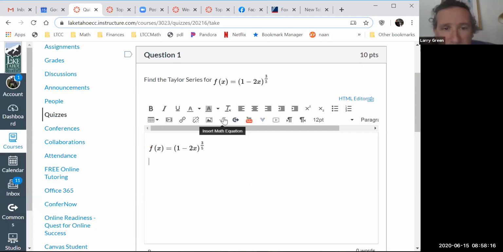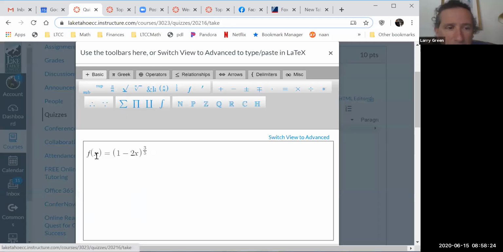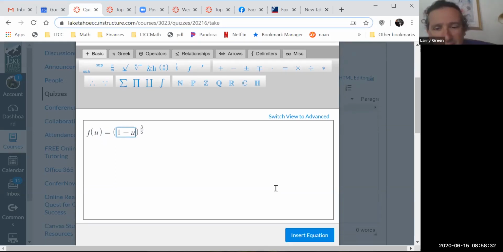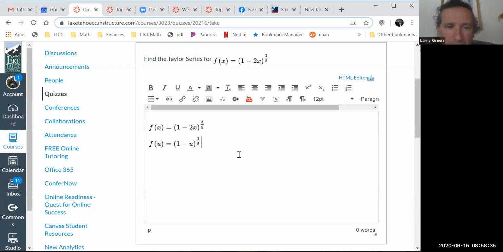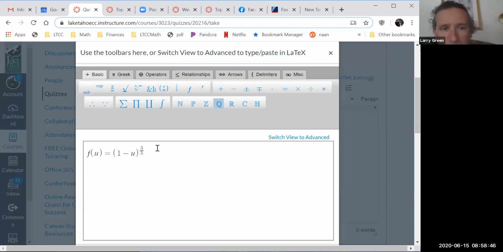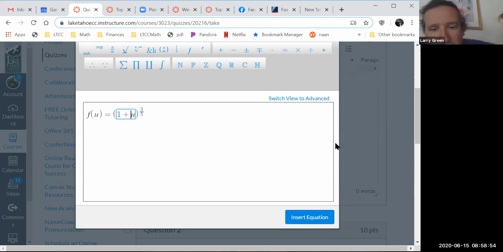And rewrite this with f of u equals 1 minus u to the 3/5, and it'll look like a binomial. Sometimes it helps to just change the letter a bit. And sorry, it's not 1 minus, it's 1 plus, because in the binomial you want a 1 plus x or 1 plus u, the letter doesn't matter.